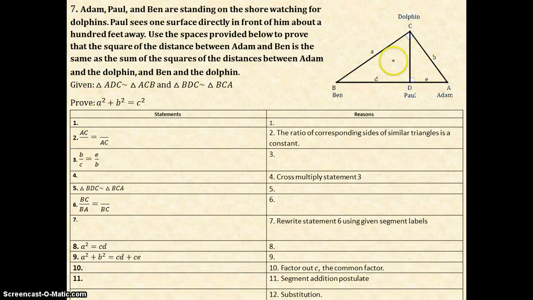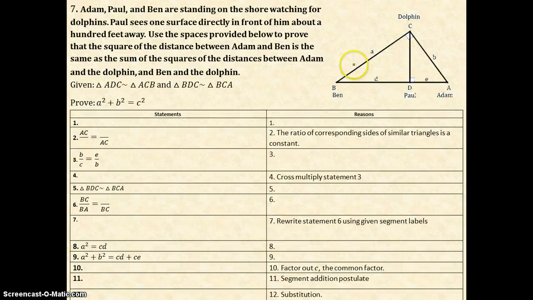Okie dokie. Well, we're given a couple of things here. We're given that triangle ADC is similar to ACB. So the little one is similar to the big one. And then we're given that BDC is similar to BCA.